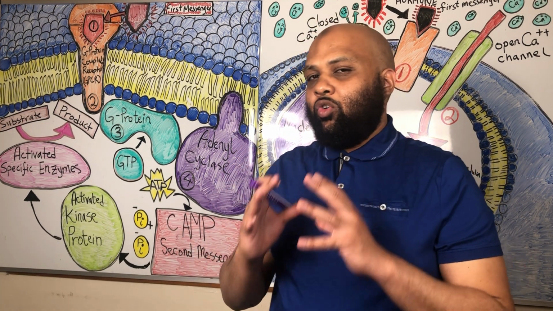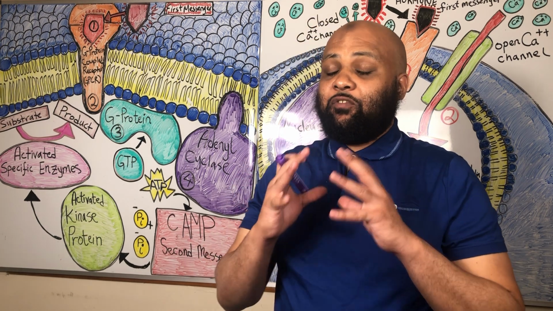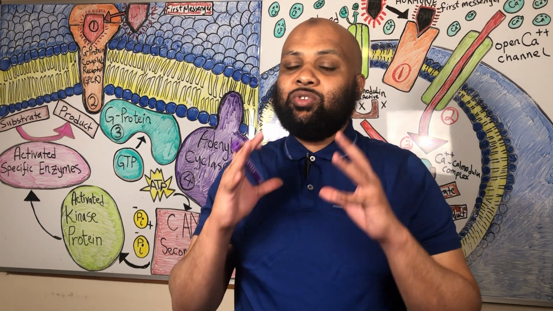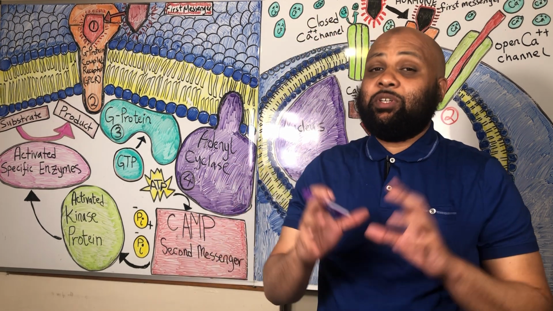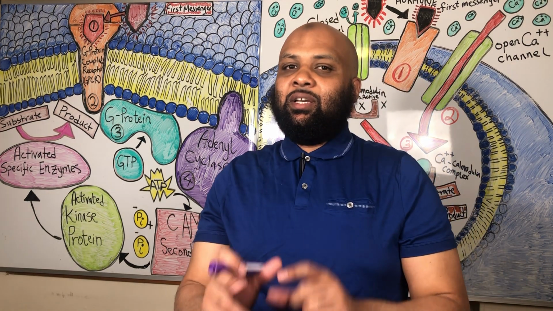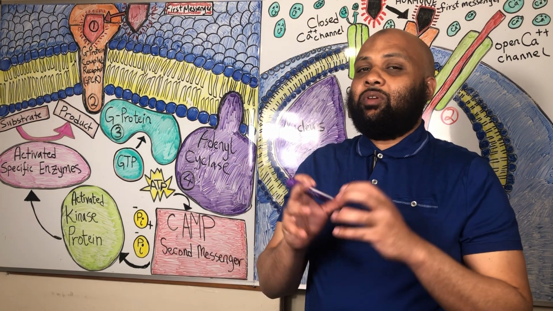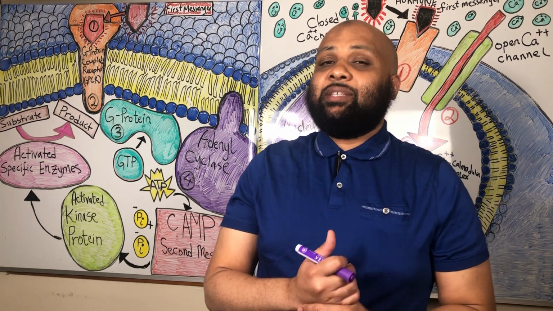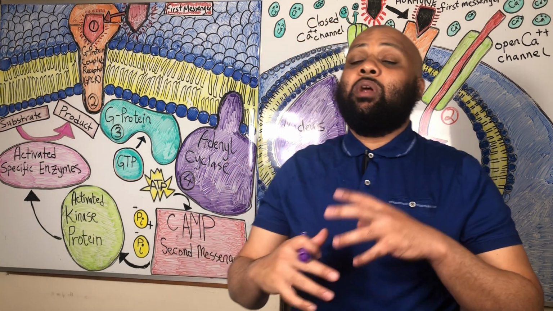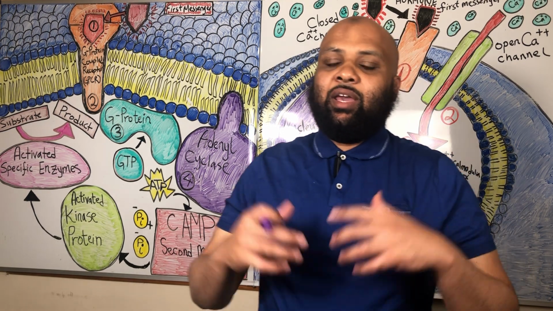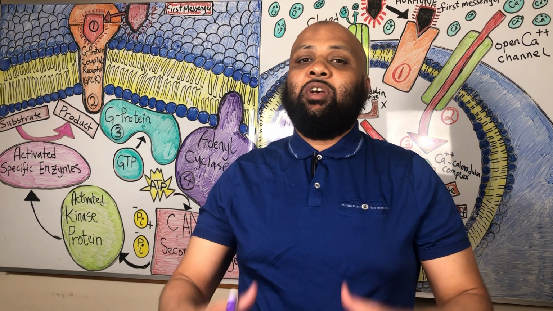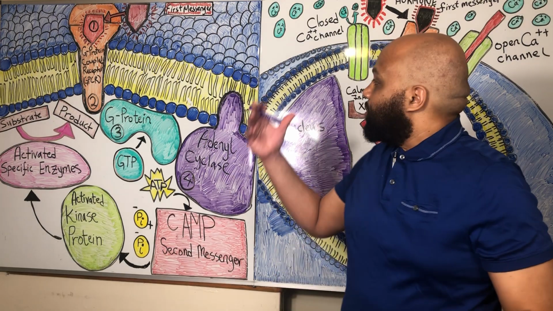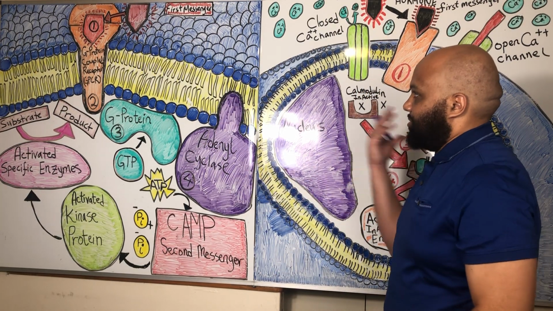And that hormone, that first messenger, is going to bind the receptor on the target cell, and upon binding to the receptor, a signal transduction cascade is going to begin that will ultimately end in a target response within that target cell. So we have two second messenger systems.